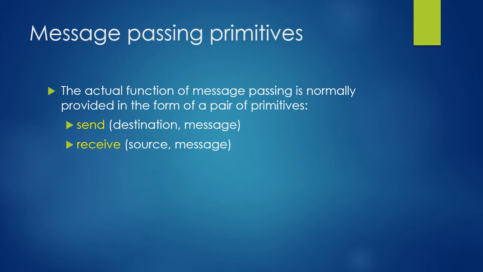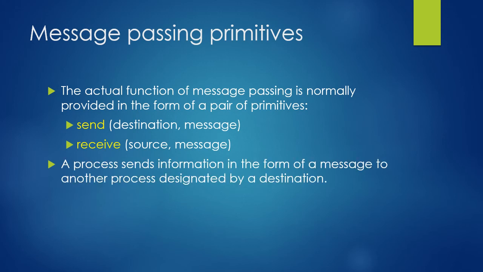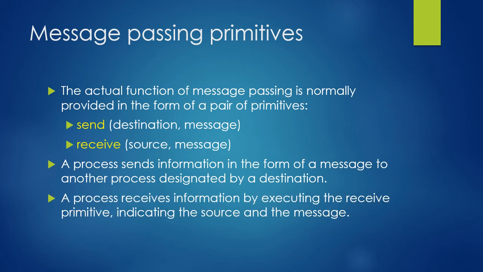This is the minimum set of operations needed for processes to engage in message passing. A process sends information in the form of a message to another process designated by a destination. A process receives information by executing the receive primitive indicating the source and the message.